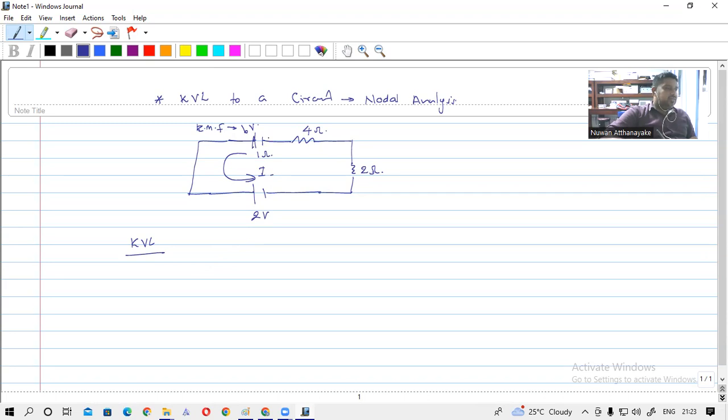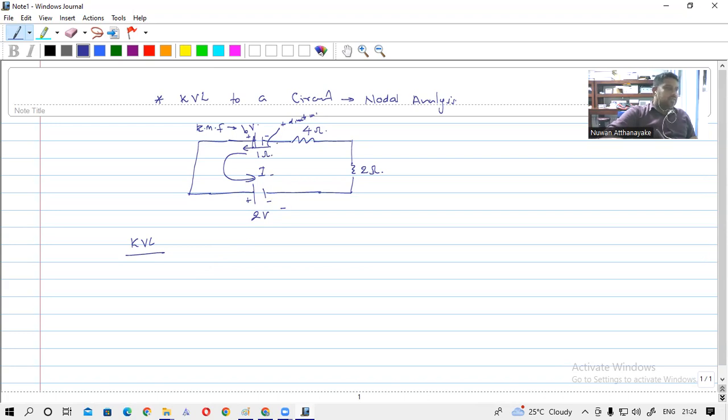When you consider a battery, you can consider the minus to plus direction as plus. And the current going from plus to minus, you can consider as a minus EMF.